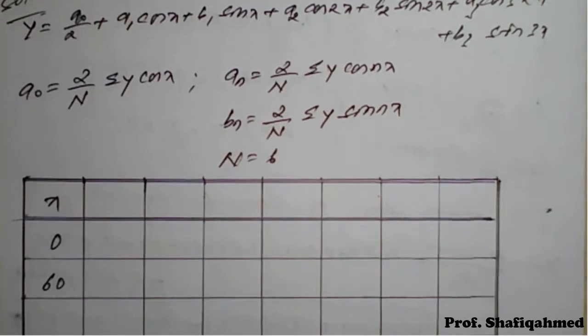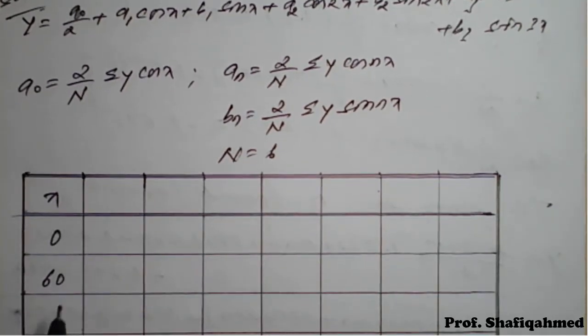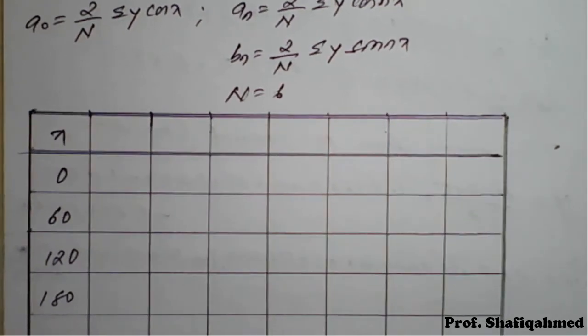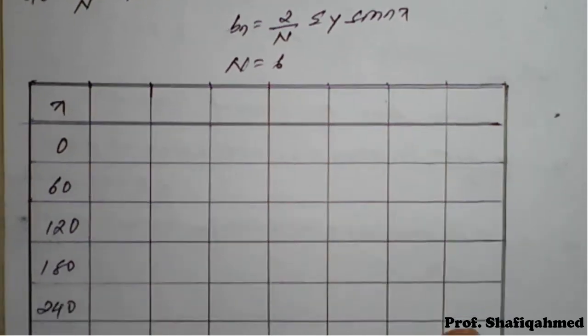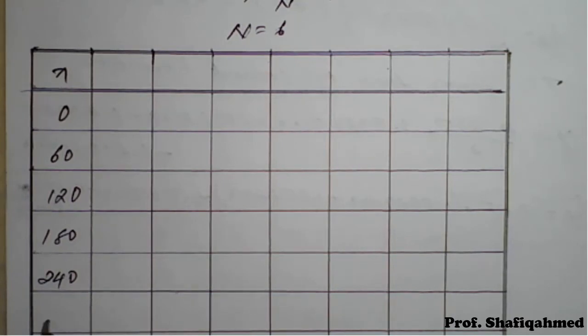Next, 2 pi by 3, if you convert, is 120. Then pi is nothing but 180. Next, 4 pi by 3 will become 240. Then 5 pi by 3 will become 300.